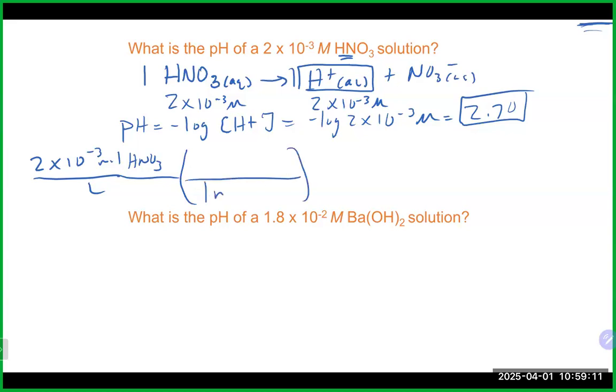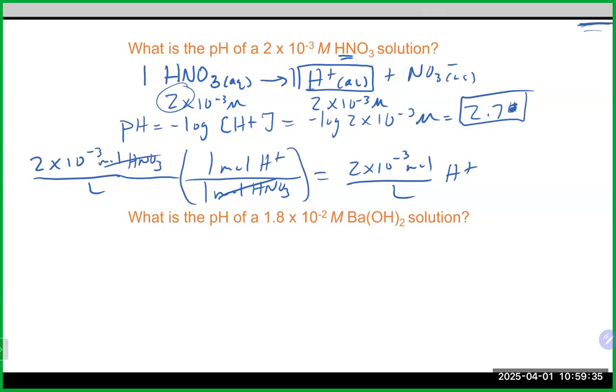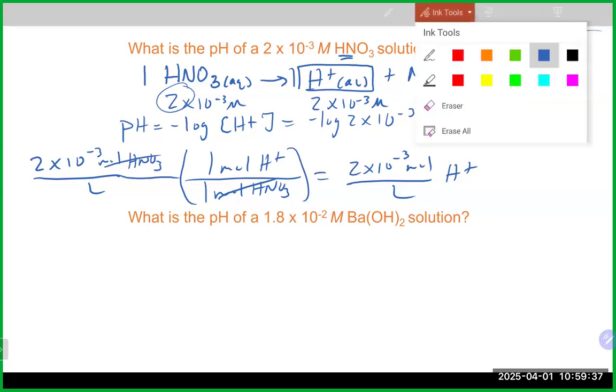For every 1 mole of HNO3, there is 1 mole of H plus. The moles cancel, gets you your 2 times 10 to the minus 3 moles per liter of H plus. And clearly this has one significant figure, which really this should be a 2.7 in terms of the actual correctness of sig figs there. Any questions on that there?